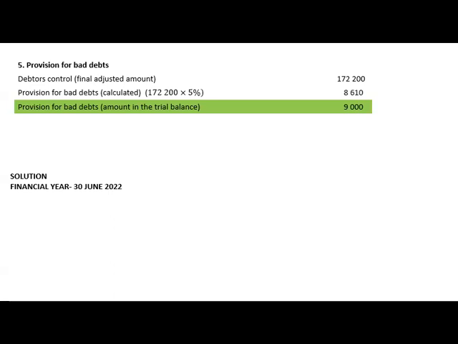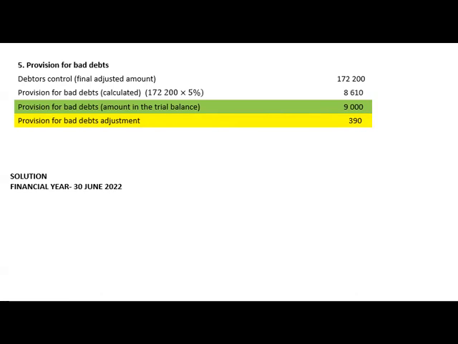When we bring it down, it becomes an income because it reduces expected bad debts. Okay, so the difference, we are going to recognize it as income, and we are going to record that under other operating income in the statement of profit or loss.